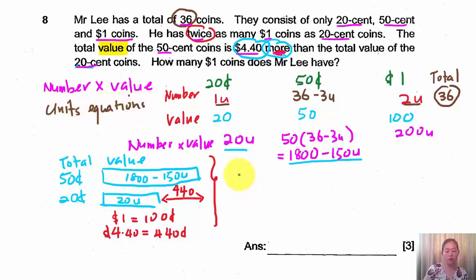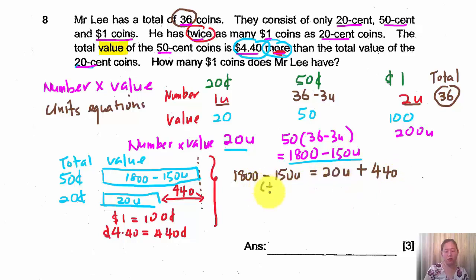Okay, so we will do it here. 1800 minus 150 unit is equal to 20 unit plus, because once we give the 20-cent coin another 440 cents, it is the same. So we plus 440 here. Let's try to make the units on the left side and the numbers on the right side.